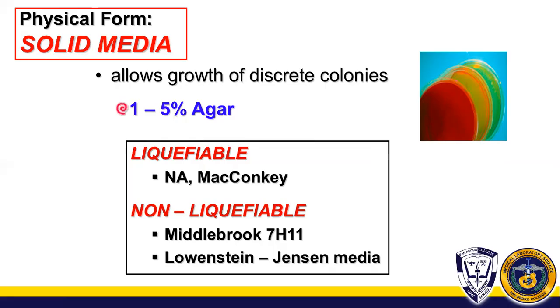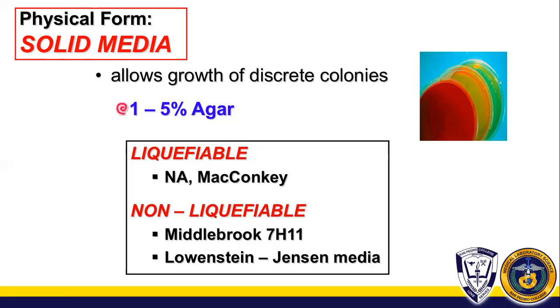Now, non-liquefiable culture media, which includes Middlebrook 7H11 and Lowenstein-Jensen media, are both used for the cultivation of Mycobacterium tuberculosis. Since Mycobacterium tuberculosis is quite fastidious, these culture media contain nutrients and additives that are proteinaceous, or protein in nature. Protein is quite sensitive to heating.